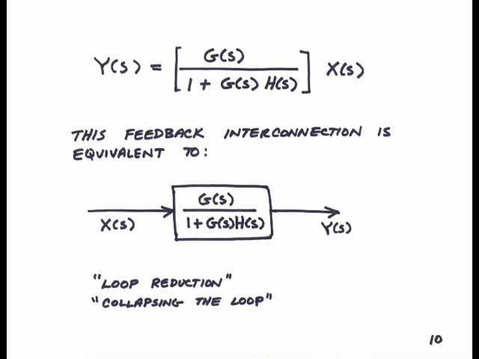This is referred to as the closed loop transfer function. Therefore, the feedback interconnection that we had is equivalent to the block diagram shown here, with X(s) as the input and Y(s) as the output, and G(s) over 1 plus G(s)H(s) as the transfer function. This process of eliminating the feedback loop via the algebra is referred to as loop reduction or collapsing the loop.